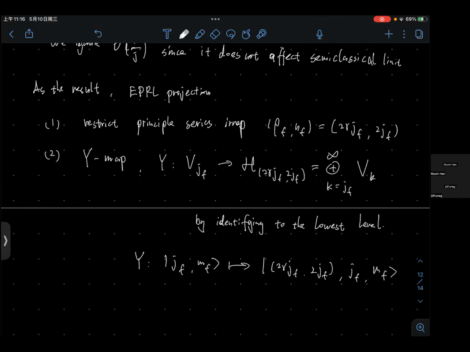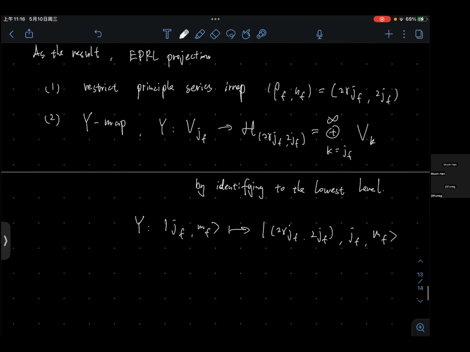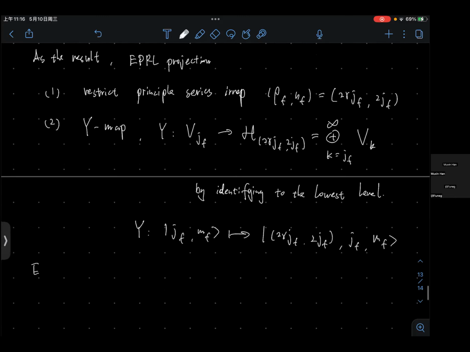Okay, so these two ingredients give you the EPRL projection and tell you what the physical state is after imposing the simplicity constraint. Now let's define the EPRL intertwiner. Okay, so the reason is that, remember, the Hilbert space of boundary BF theory is given by SU2 irreducible representations, SL2C irreducible representations and also SL2C intertwiners.